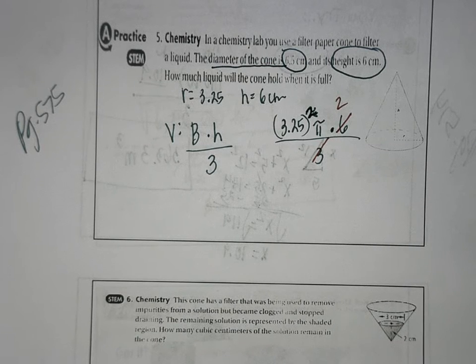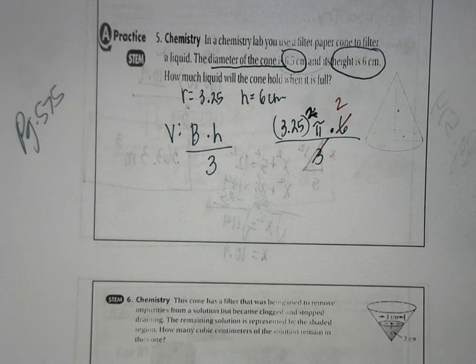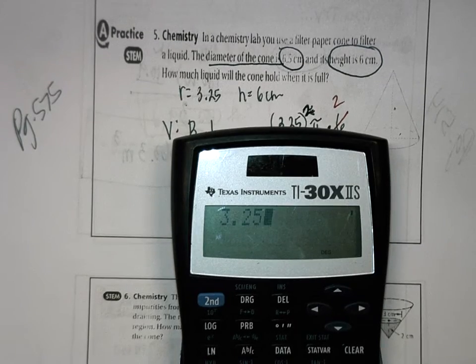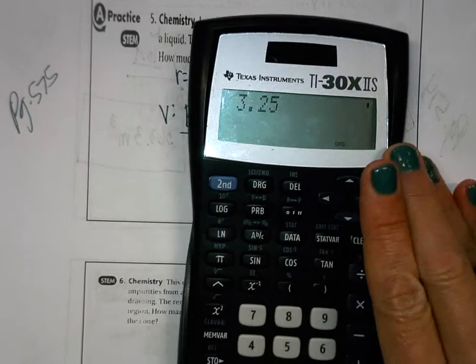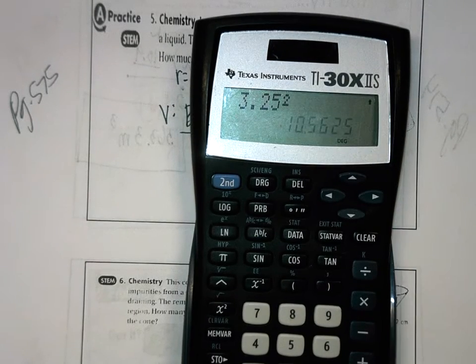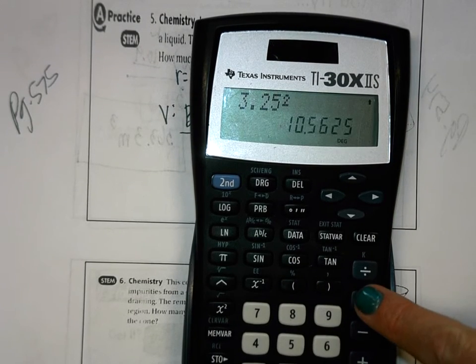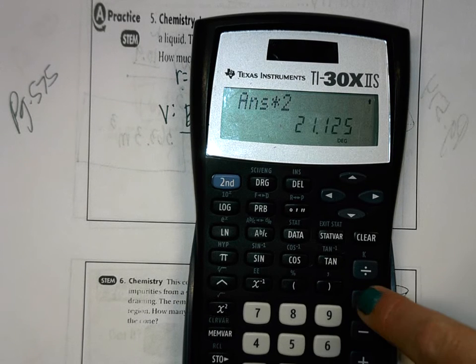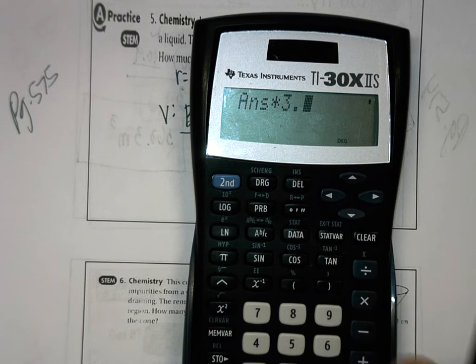So in your calculator, let's go ahead and go through this together. 3.25 squared equals this, and then I'm going to go times 2 equals, times 3.14 equals.